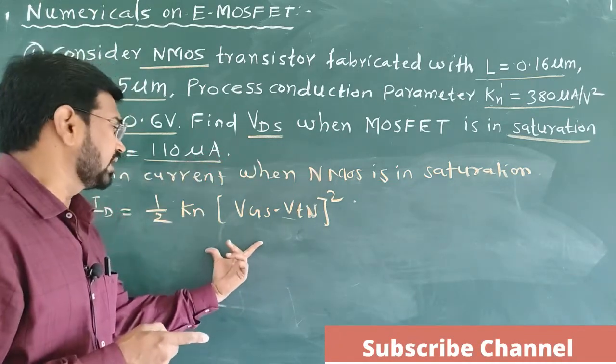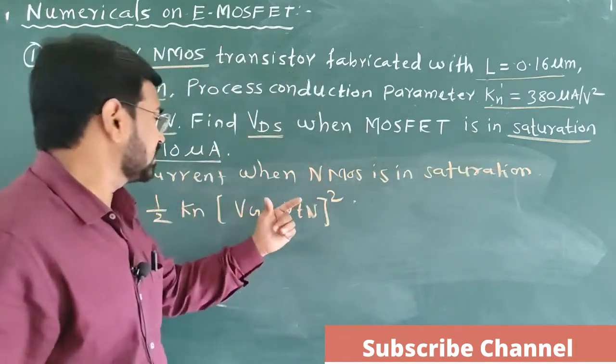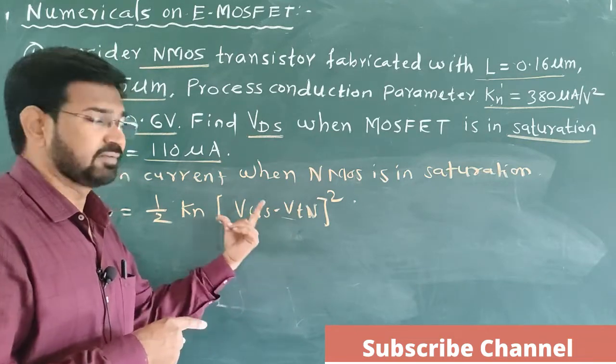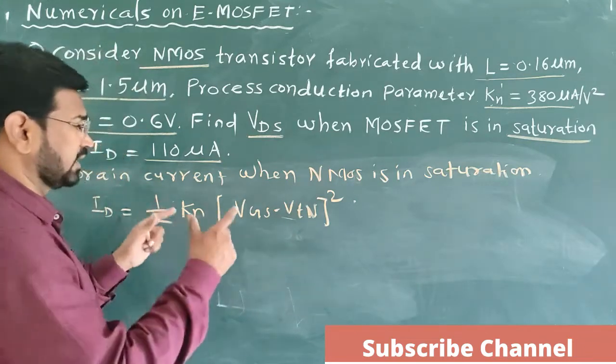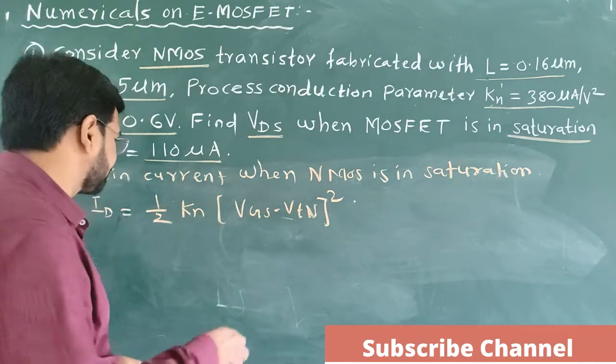What should the voltage be to maintain the transistor in the saturation region? The voltage on the drain should be greater than this voltage. At that time the transistor will be in saturation. We have to find that voltage, the difference voltage Vgs minus Vtn.